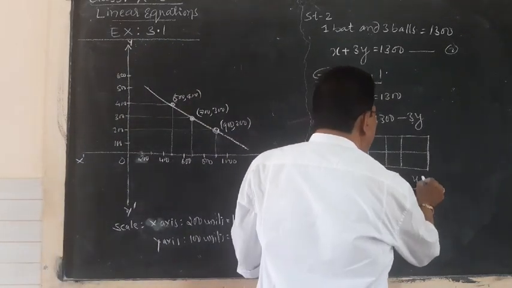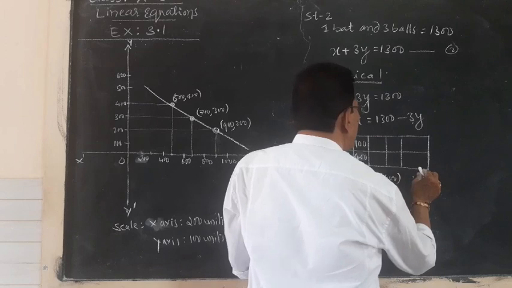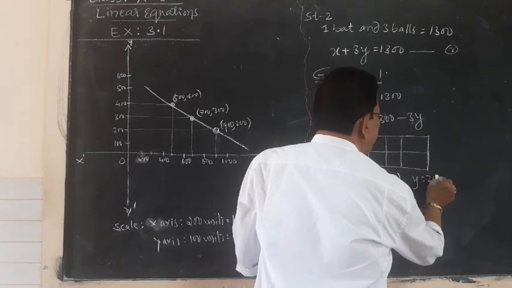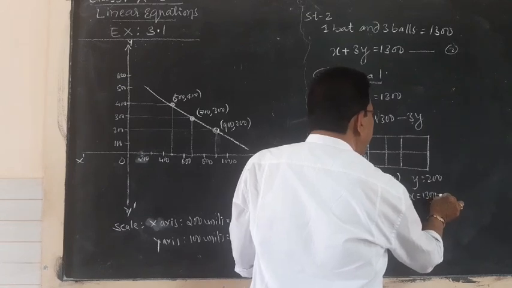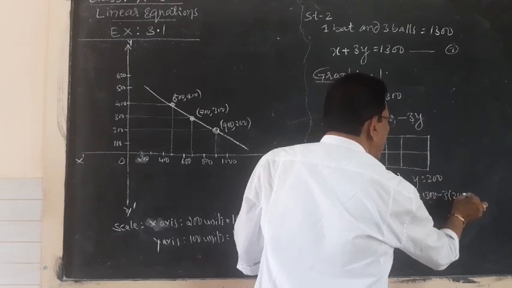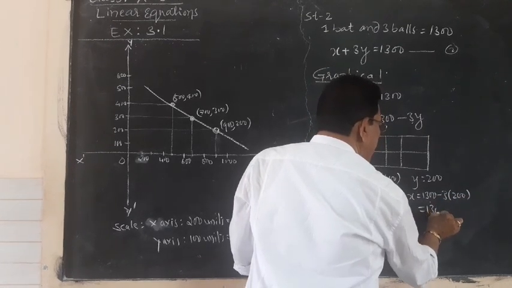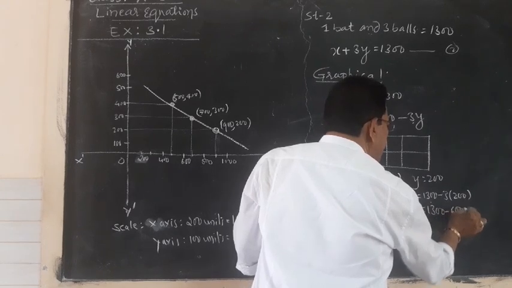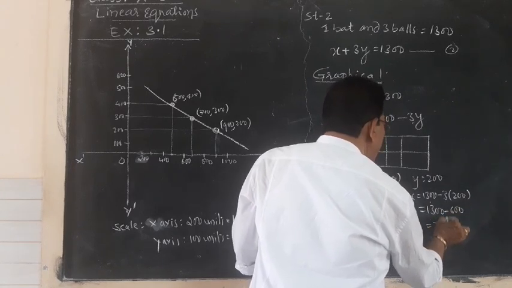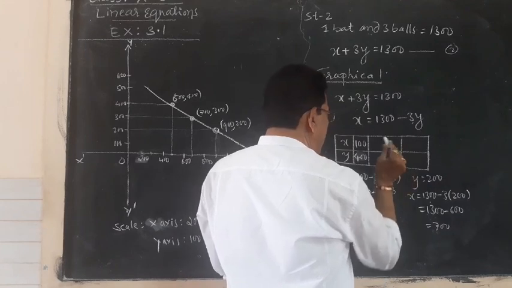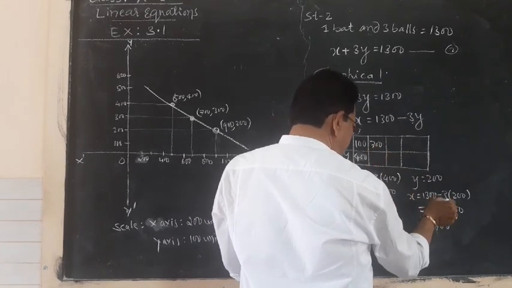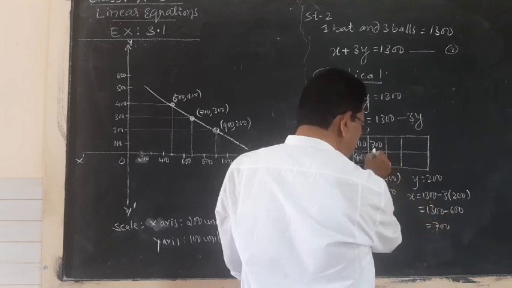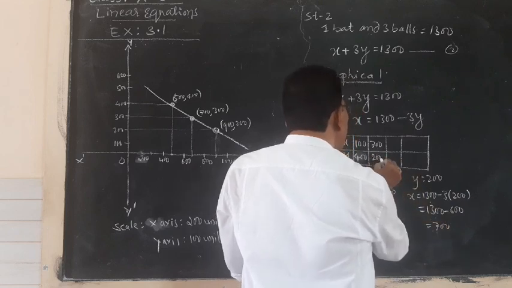Then y equals 200. Then x equals 1300 minus 3 into 200, that is 1300 minus 600, that is 700. x equals 700, when y equals 200.